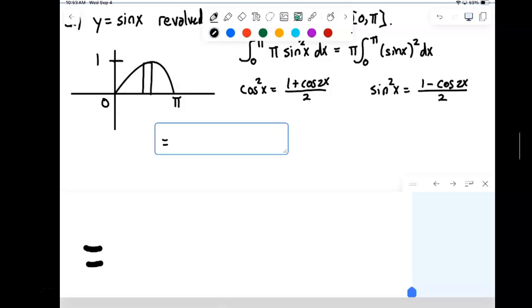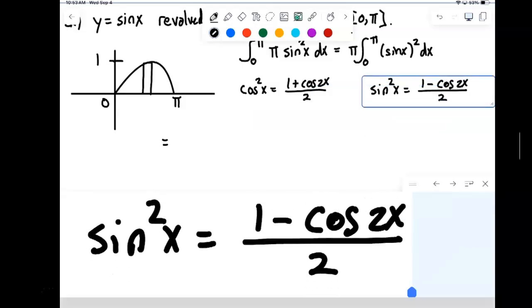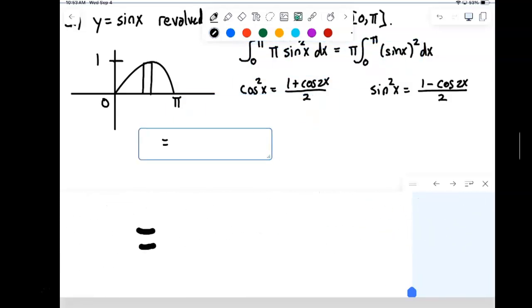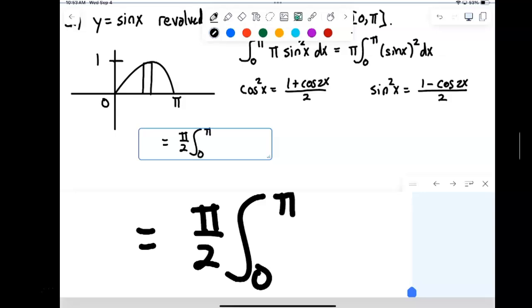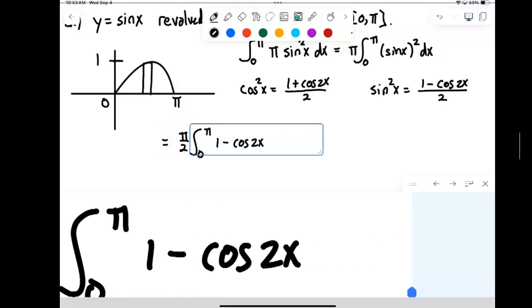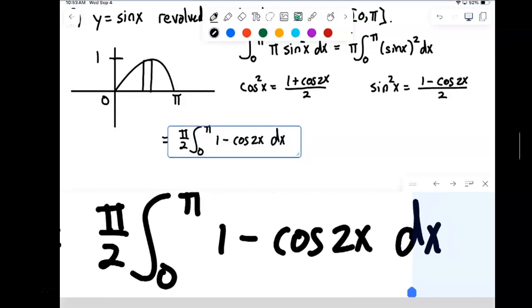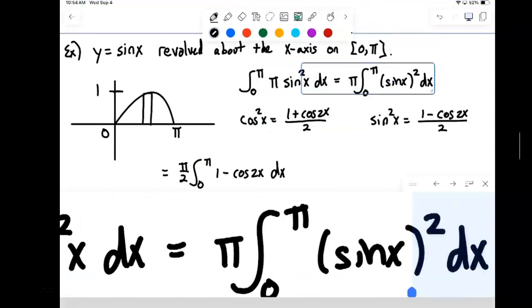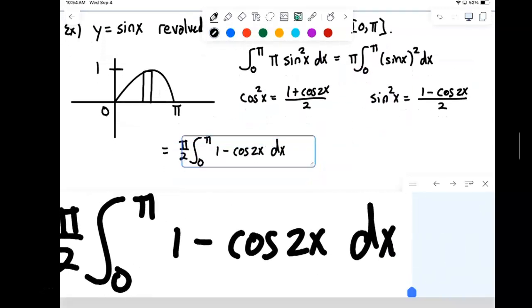So when I plug this in, I'm going to go ahead and factor the 1/2 in the bottom out, put it with the pi out front. So I have pi over 2, integral 0 to pi of 1 minus cosine 2x dx. And the advantage of this identity is that I can do the integral of cosine 2x by substitution, whereas I can't do the integral of sine squared by substitution.